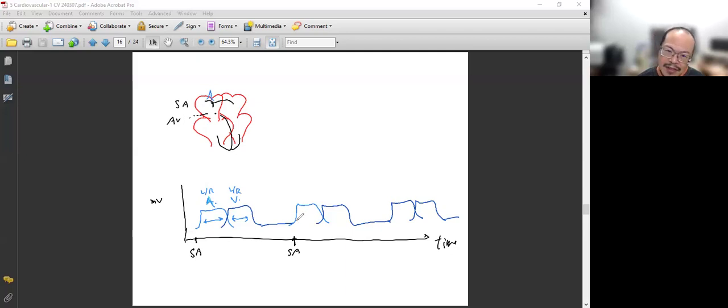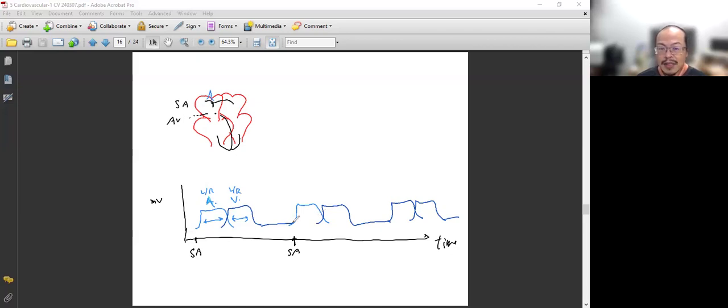And you need to know that the atrium is not just one cell. The atrium has multiple cells. One cell will generate that action potential, but you have millions of these heart cells generating that action potential all together. So the collective influence is going to be huge.